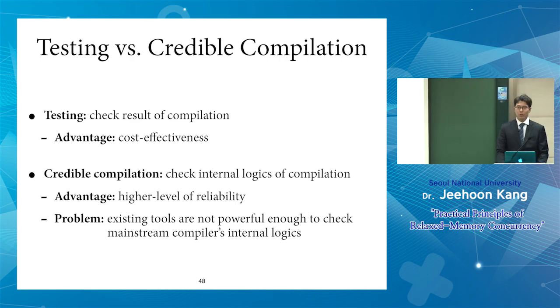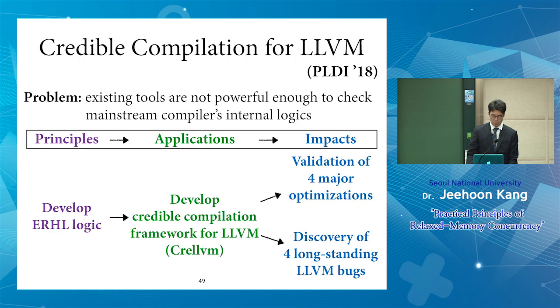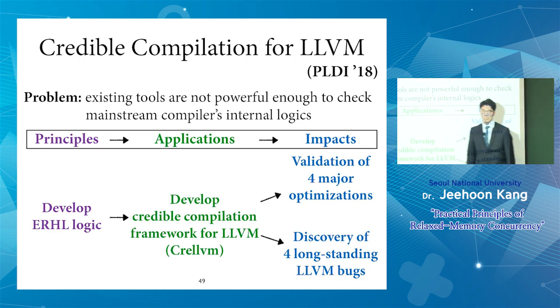The motivation here is achieving a higher level of reliability. So we basically want to do credible compilation for LLVM optimizations, but the problem is that the existing tools are not powerful enough to check the complex internal logic of mainstream compilers. So we developed a very powerful logic, which we call the ERHL logic.